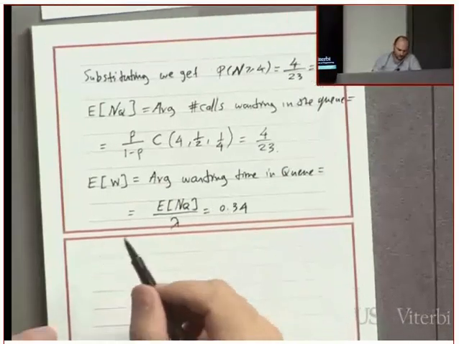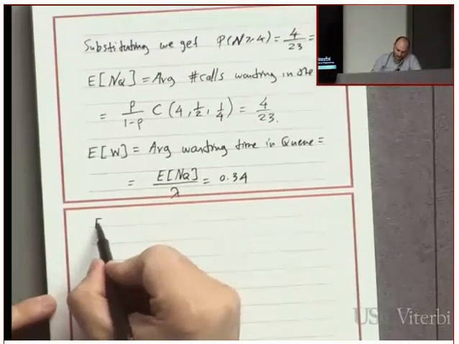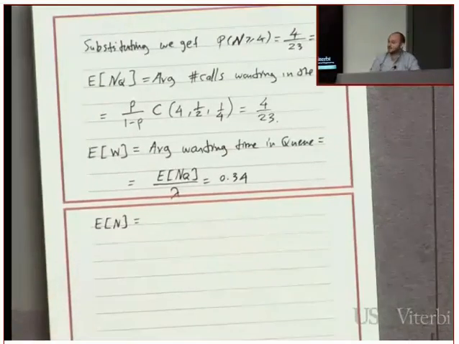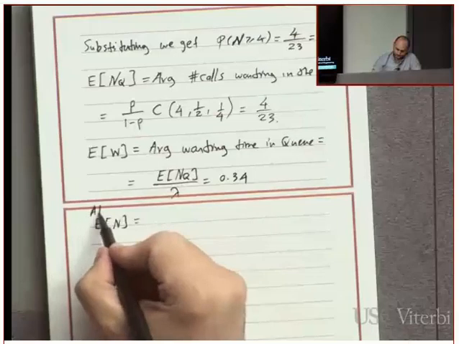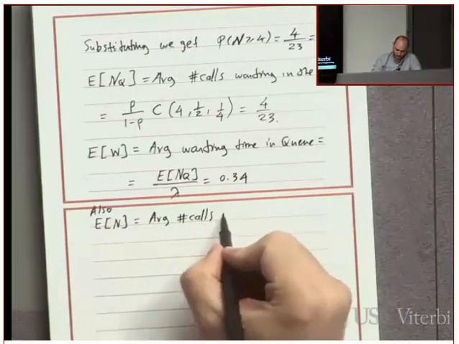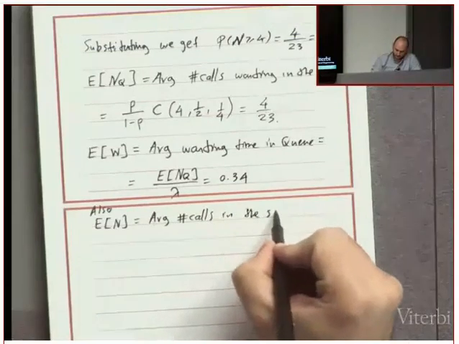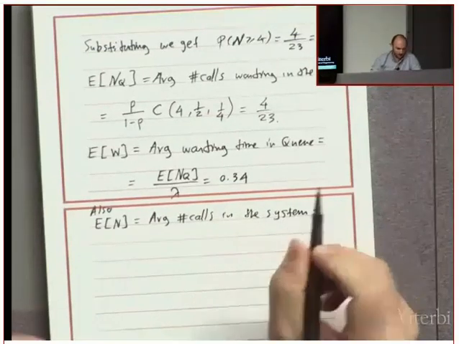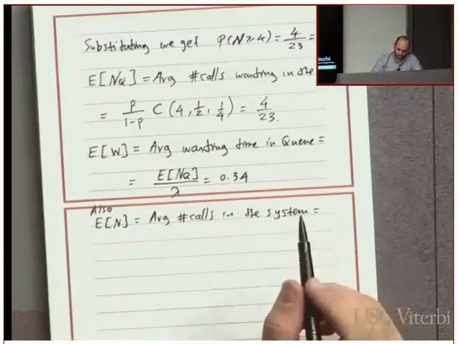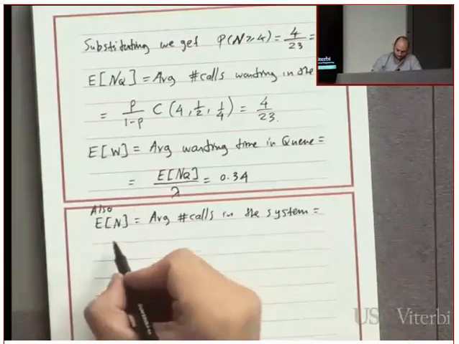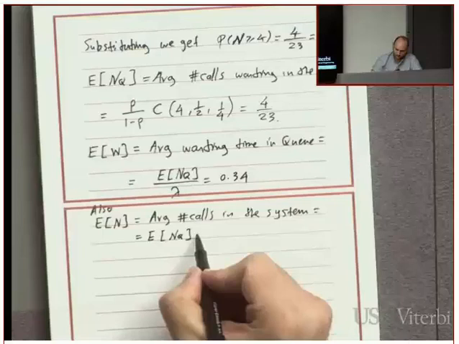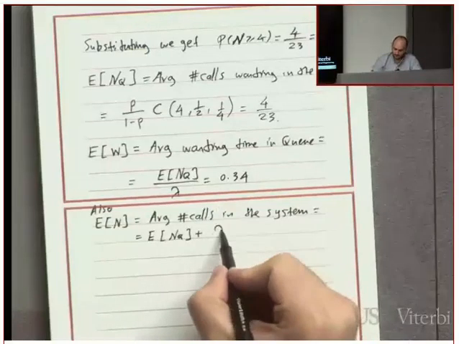And also we'll give another result here, which is the expected N, the average number of calls in the system. Expected N is equal to expected NQ plus lambda over mu.